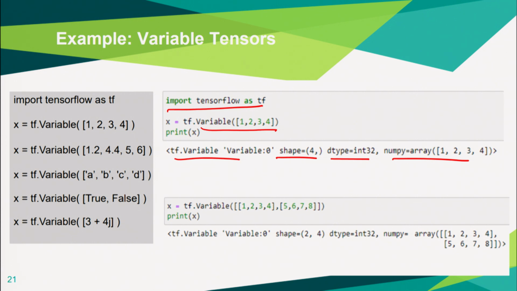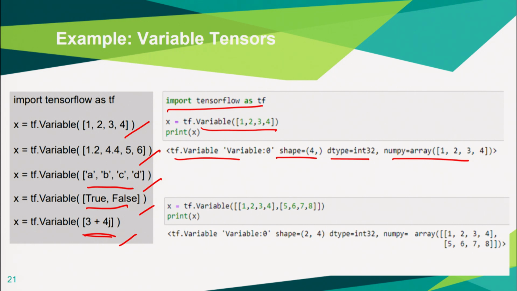Here are some of the other ways of defining a tensor variable. You can have an integer, a float value, string values as the initial parameters supplied, or a variable with a true or false value, or even a variable with a complex number, 3 plus 4j.